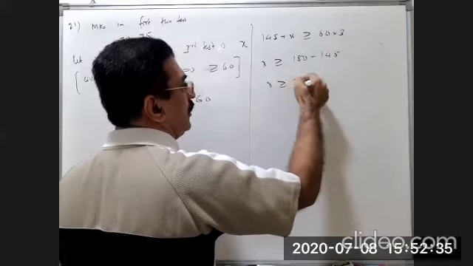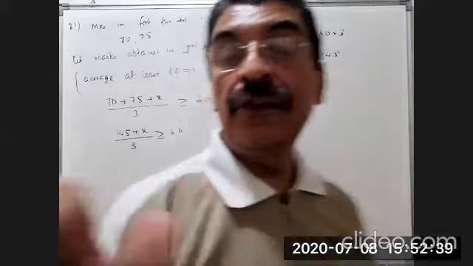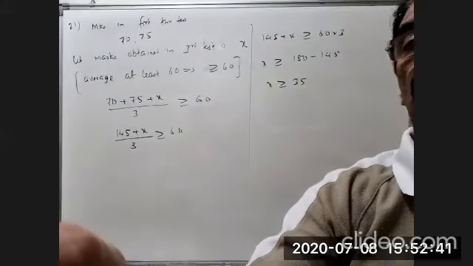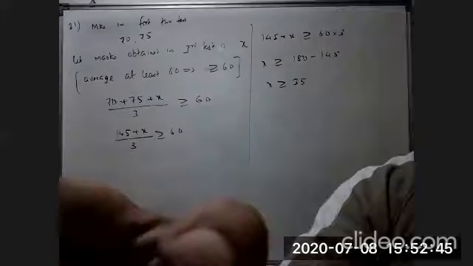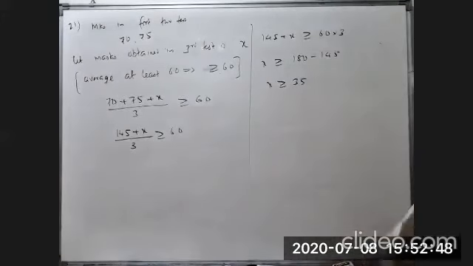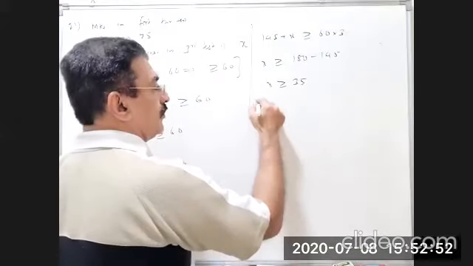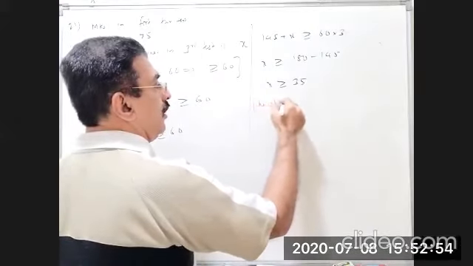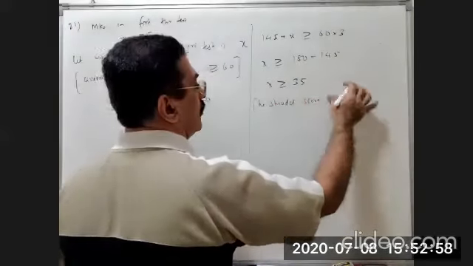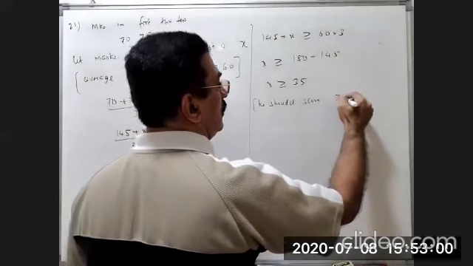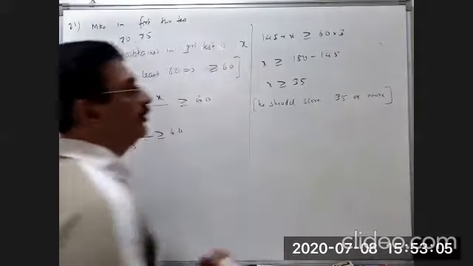X greater than or equal to 35. Always write the answer for the question. X greater than or equal to 35 means he should score 35 or more.